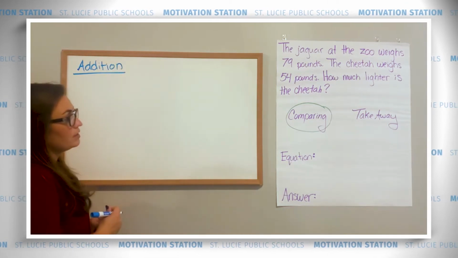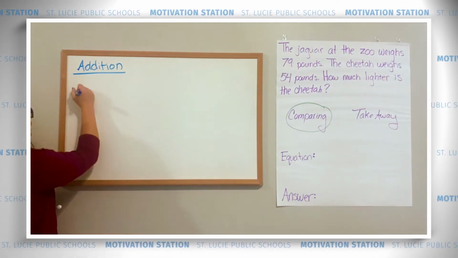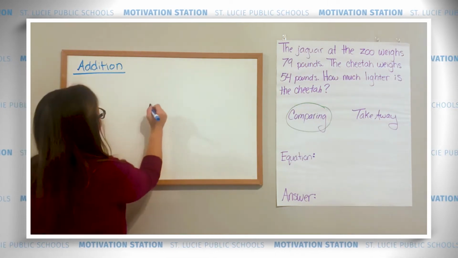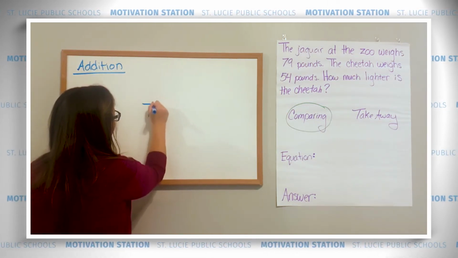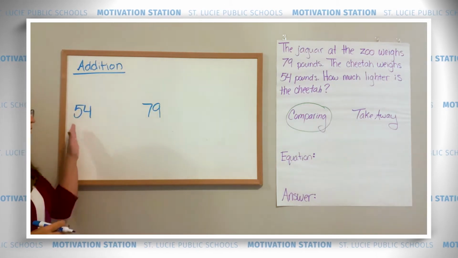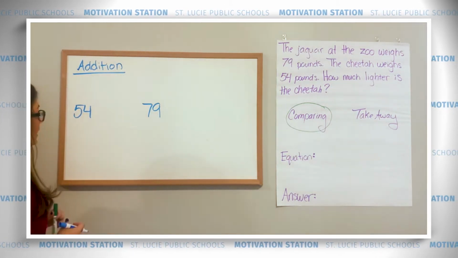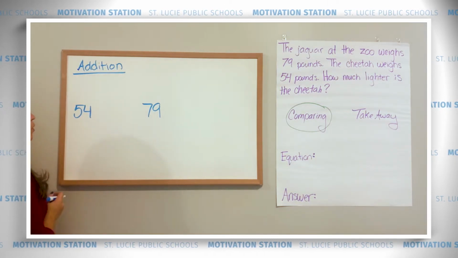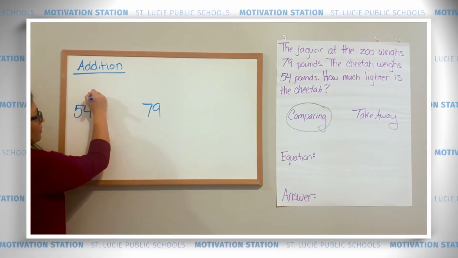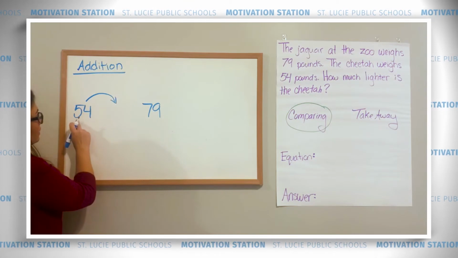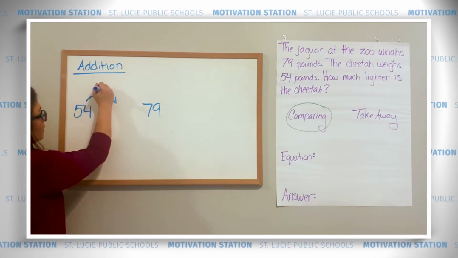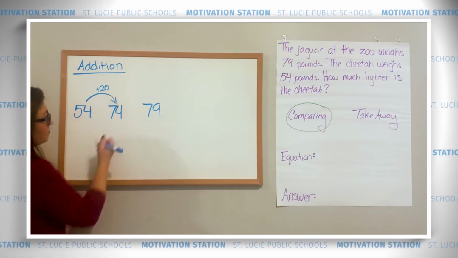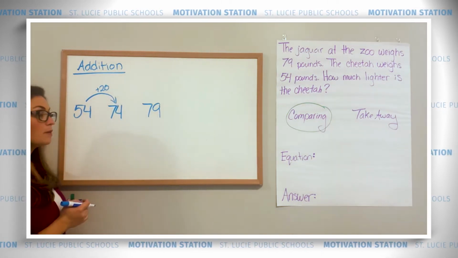If we solve with addition, we know we need to find the difference between 54 and 79. We need to figure out what jumps we're going to make to get from 54 to 79. Well, the first jump I want to make, I know that I can add 20 to 54 and get to 74. That's a good first jump.